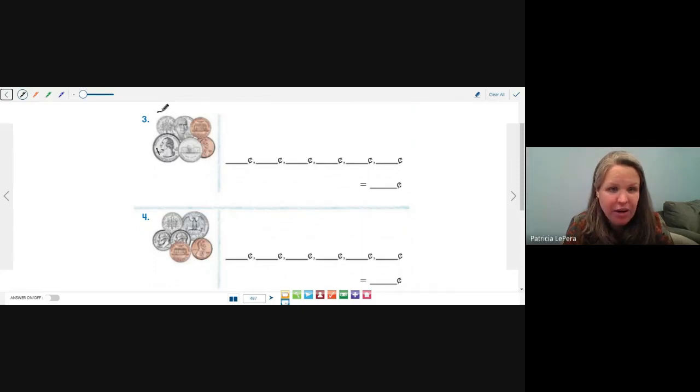The second coin I'm going to add is the dime. That has the second highest value of 10 cents. Then I remembered I had 2 nickels, so I'm going to add those 2 next, number 3 and number 4. And then my pennies, number 5 and number 6.